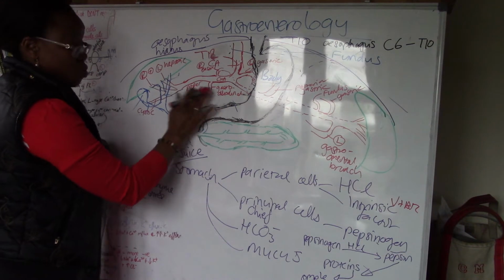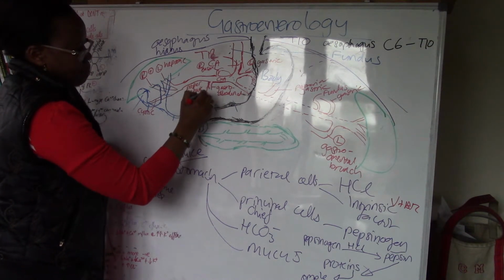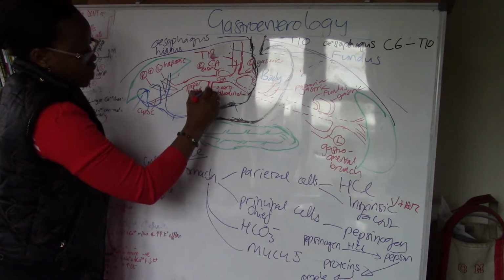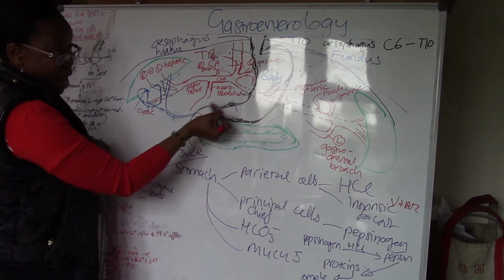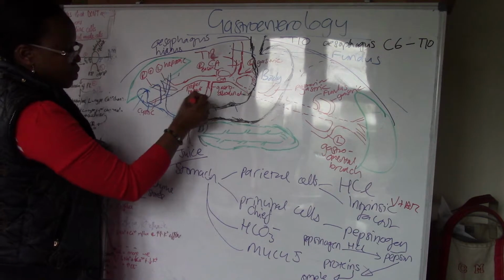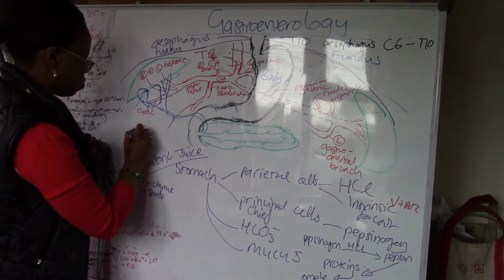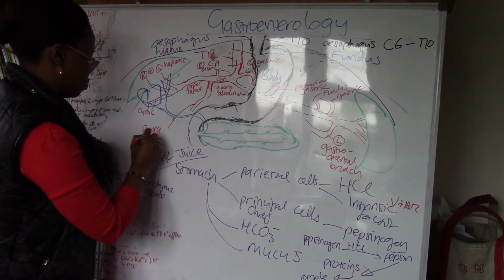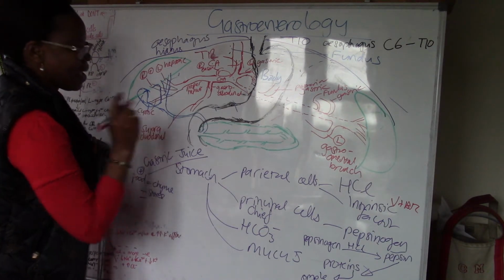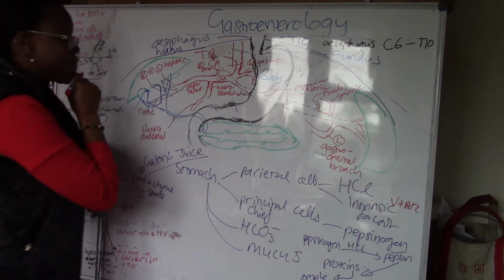The gastroduodenal artery gives off the supraduodenal, which supplies the superior aspect of the duodenum there. So this will be our supraduodenal. And then it will give off the right gastroepiploic, which joins the left.